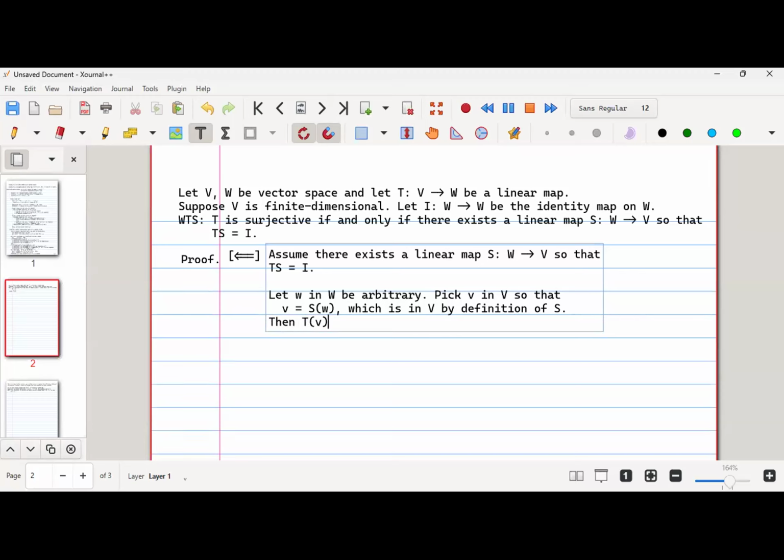And then TV is equal to TSW, by the choice of V. Then by definition of composition, we can write it like this.